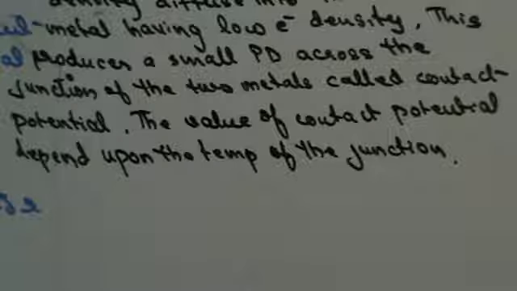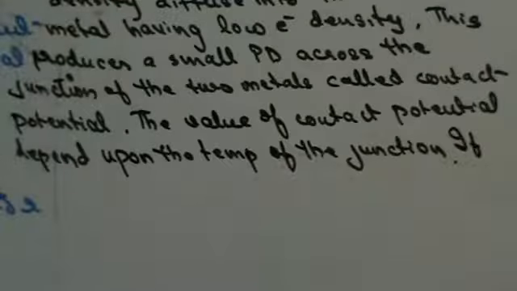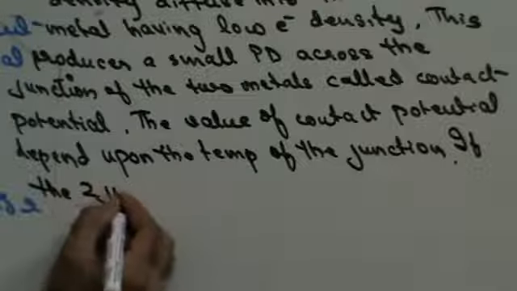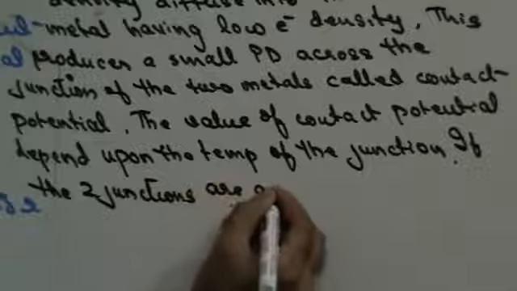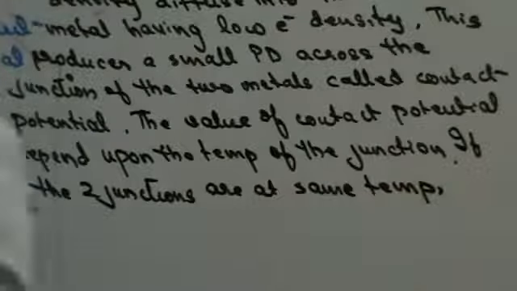If the two junctions are at the same temperature, the contact potentials of the two junctions are the same, and hence the two junctions tend to send equal amounts of current in opposite directions. Guys, can you please look at the diagram?